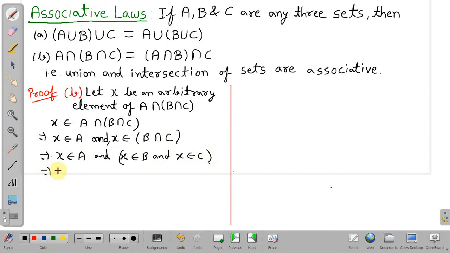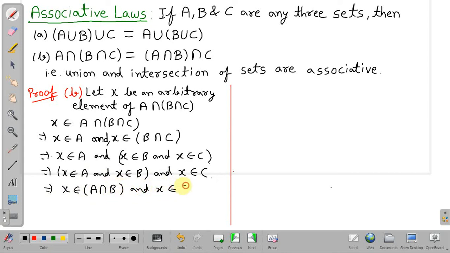So after rearranging we will get x is an element of set A and x is an element of set B and x is an element of set C. So this we can write as x is an element of A intersection B and x is an element of set C. From this, x is an element of (A intersection B) intersection C. Okay.